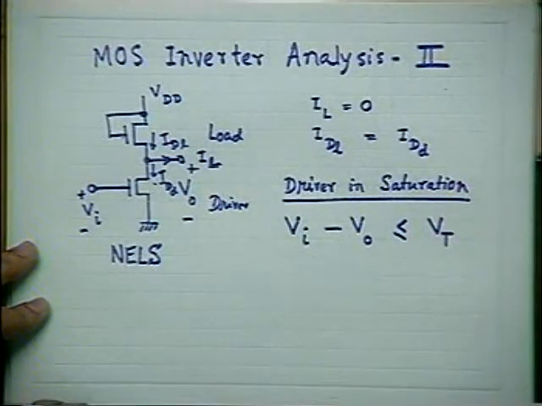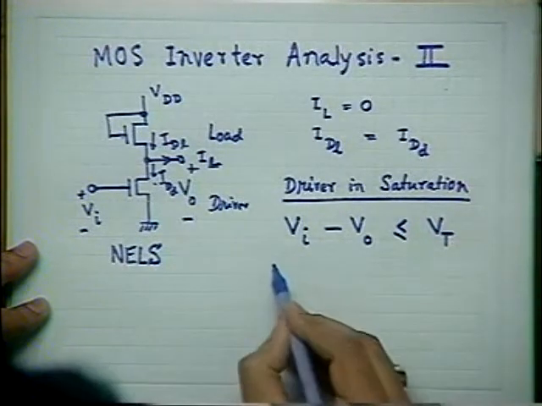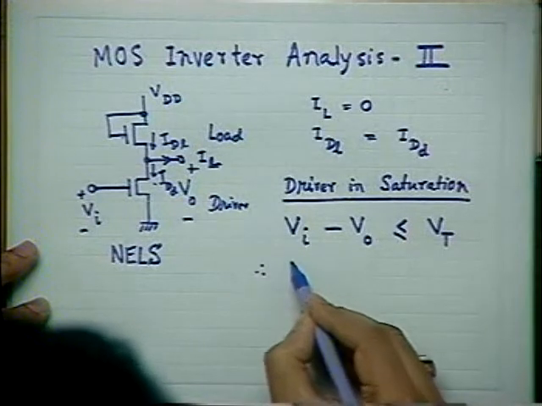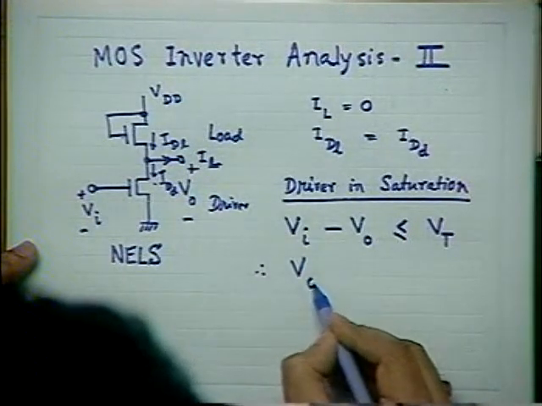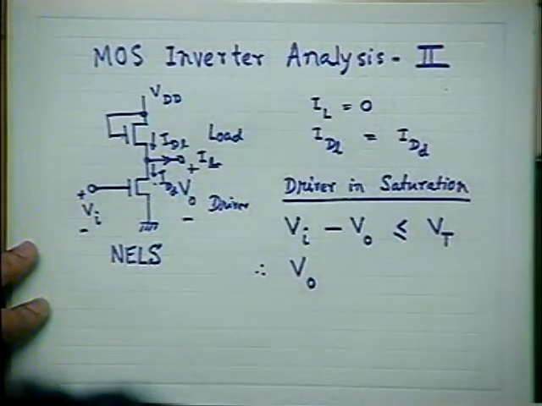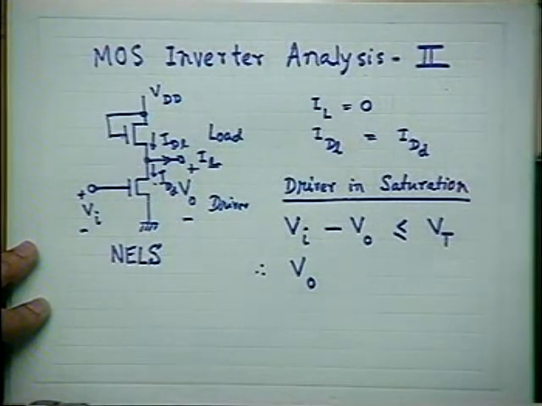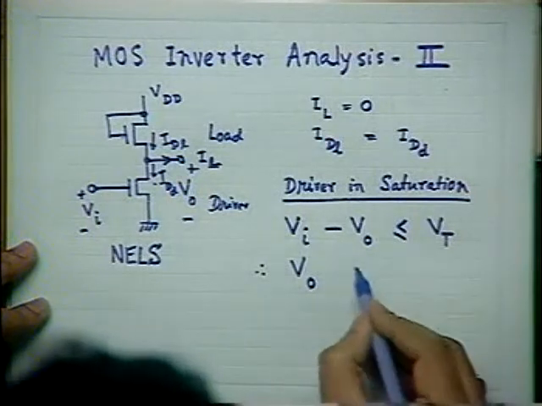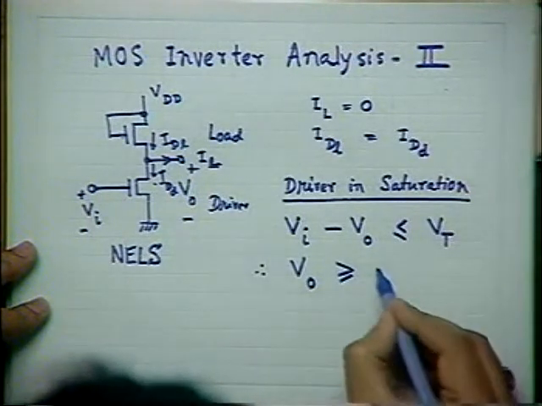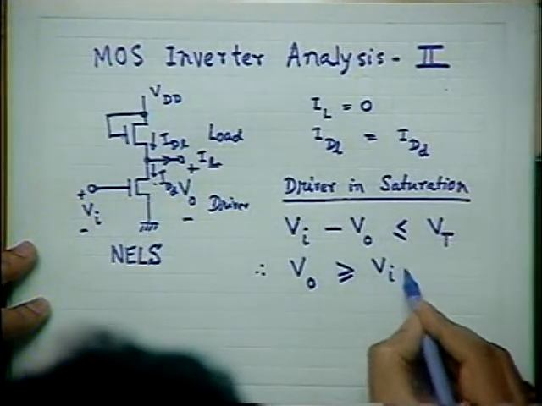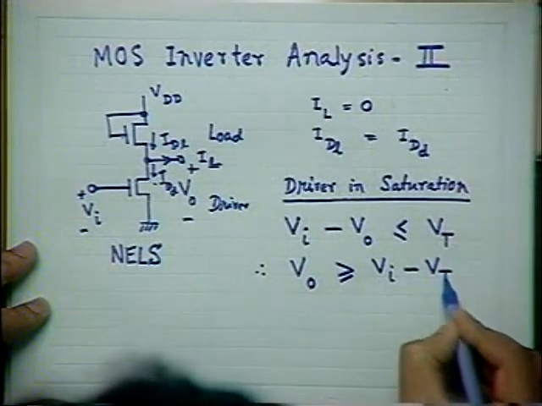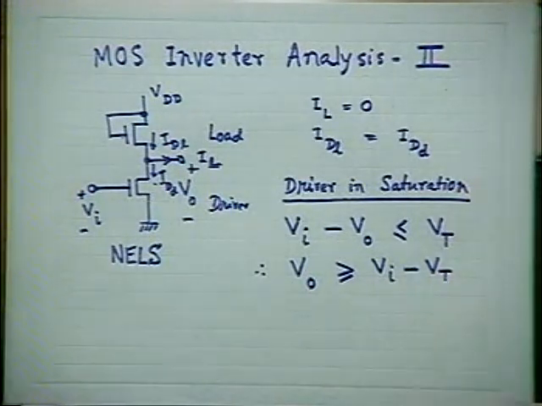As a result, VO should be greater than or equal to VI minus VT. I was writing a plus because of certain confusion in the last class, which is wrong.